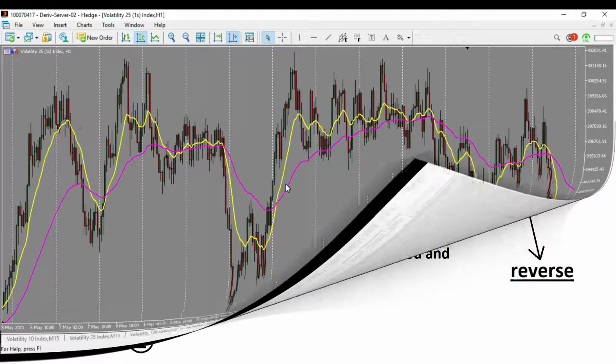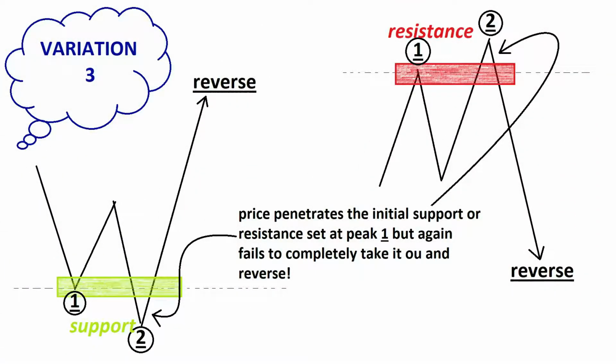All right, the third and last variation of the double pattern looks like this. We can see that we have got a second peak which is slightly exceeding the level of the first, but this doesn't mean that the level of resistance or support that was previously set by the first peak is already invalidated.